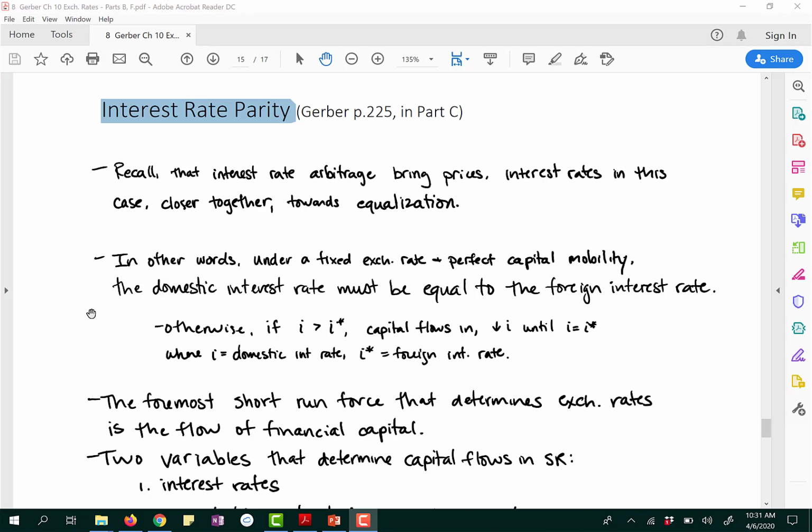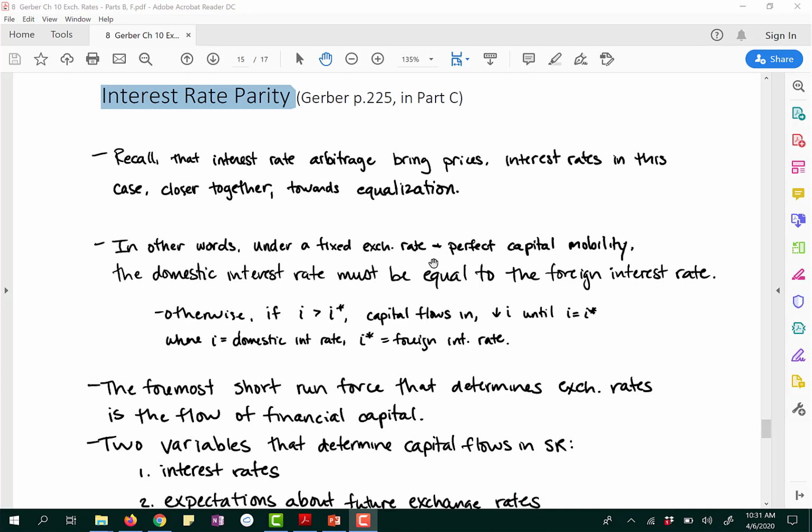Expressed more formally, if you have a fixed exchange rate and perfect capital mobility, which means capital is allowed to freely flow in and out of your economy, it has to be the case that the domestic interest rate is equal to the foreign interest rate.